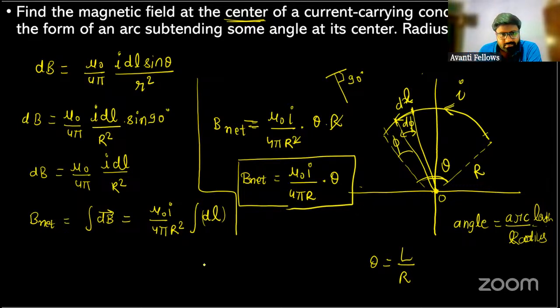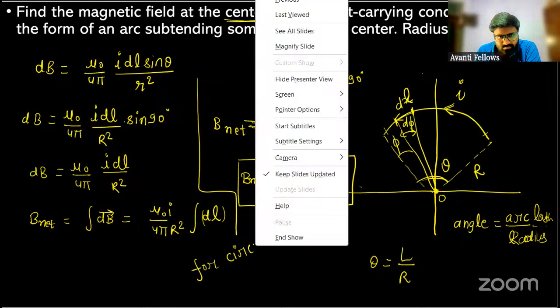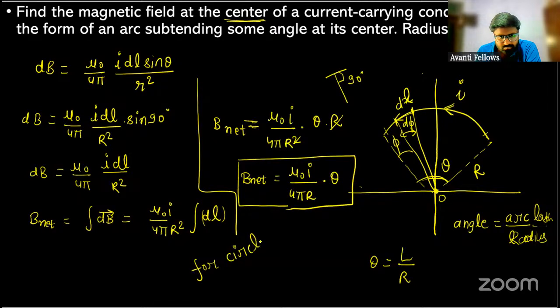So for a circle, theta would be equal to 2 pi. When you put the value here, it will give you 2 pi. So 2 pi and 4 pi will cancel out by 2 times.